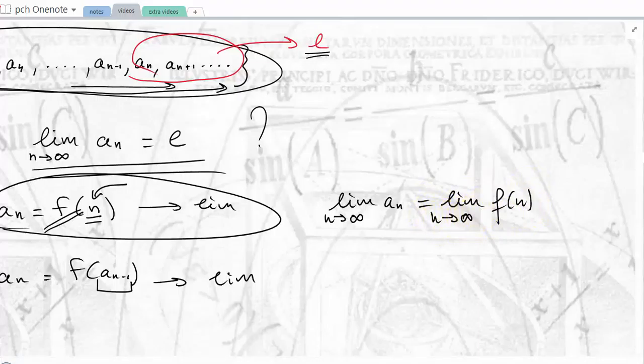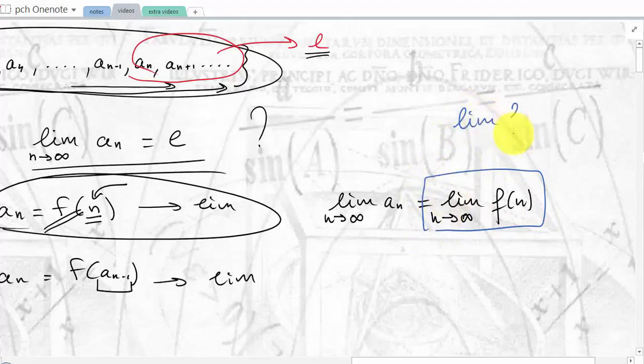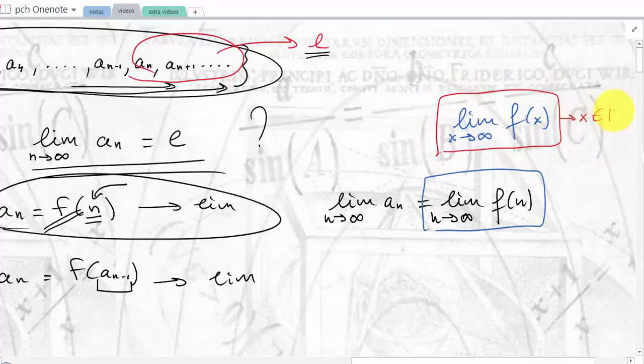Now, what is the difference between this and what we've done before, the limit of f(x) as x approaches infinity? Well, this is a case that we looked at in a prior unit. In that case, x was a real number. In this case that we're looking at right now, n is not a real number, n is a natural number.